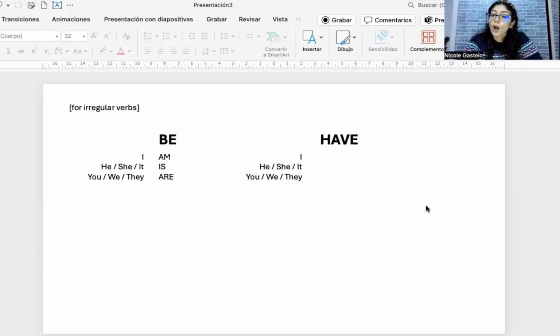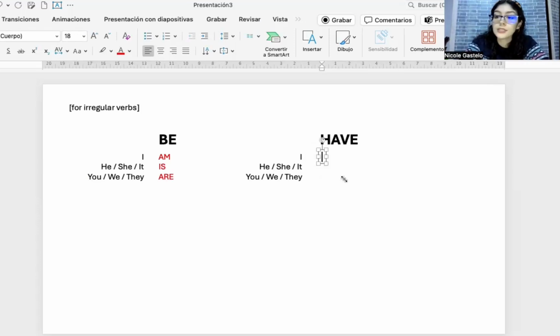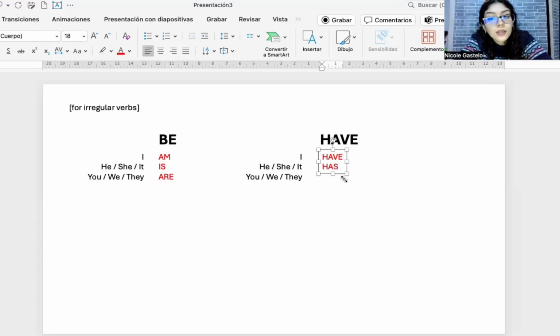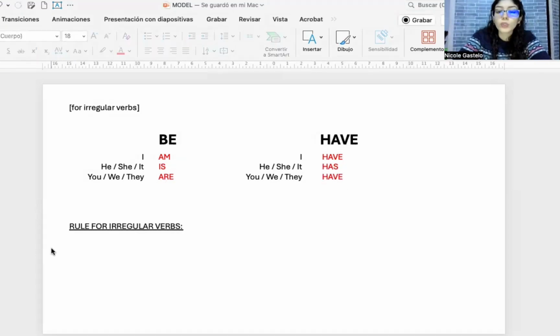There's also another irregular verb, which is the verb have. In this case, I will say, I have. He, she, it has. You, we, they have.